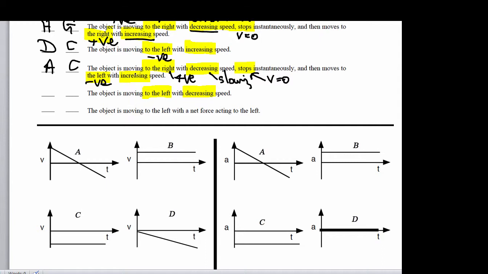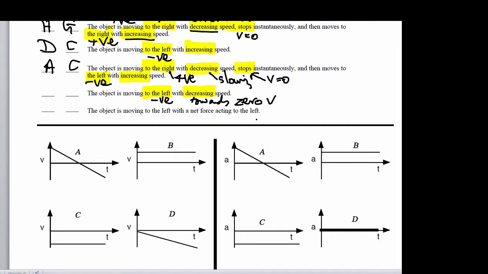All right, so with this one, it's moving to the left, so that's in the negative direction. And since it's decreasing speed, would that mean because it's negative, the velocity would be approaching the t-axis? Yeah. It's going towards 0 V, right?